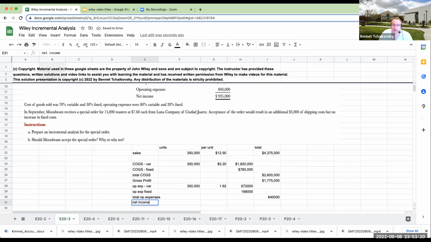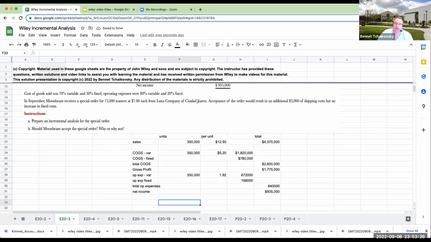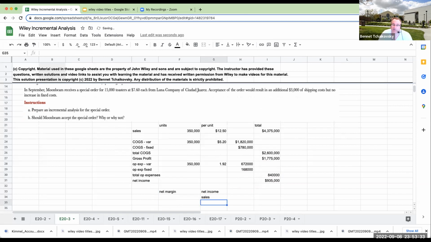So our net income is our gross profit minus our operating expenses, which is 935. Our net margin is our net income divided by our sales, and we end up with about 21%.